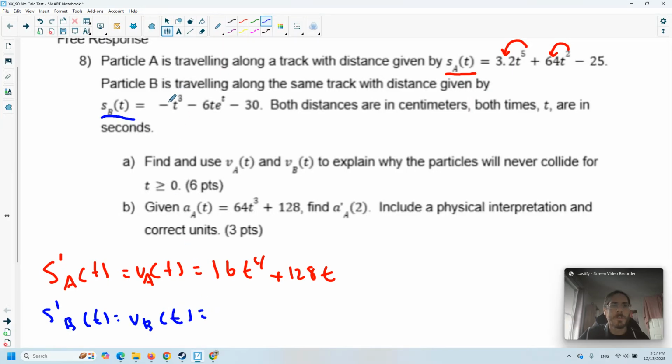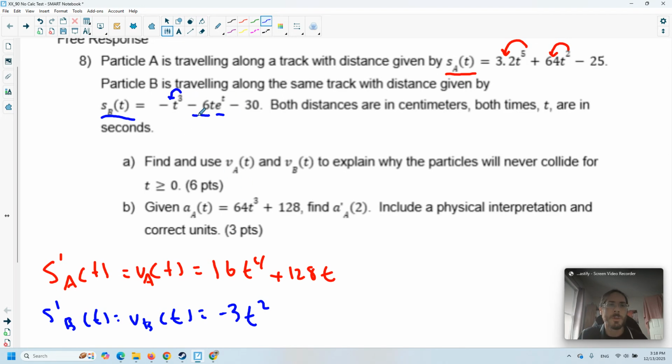So we take our derivative. So again, right here we have the power rule. So we can bring this 3 down. So negative 3t squared. Now this one we have to watch out. This is a multiplication. So it's negative 6t times e to the t. So again, we want to split those up alongside the variable.